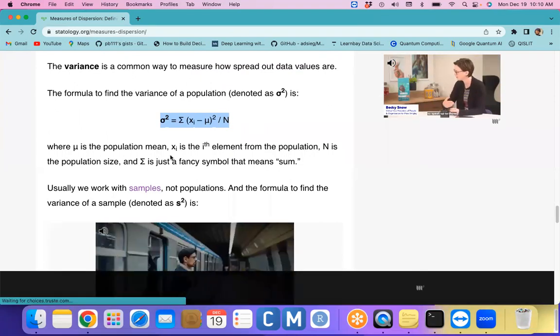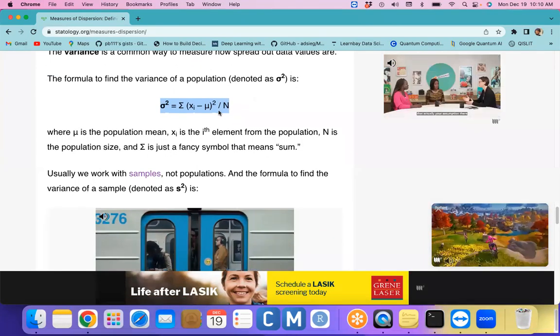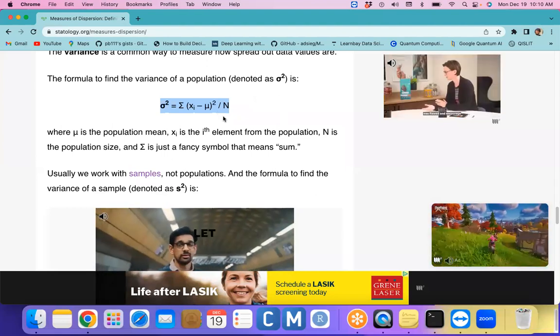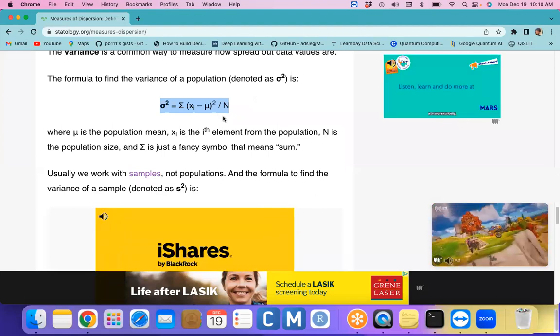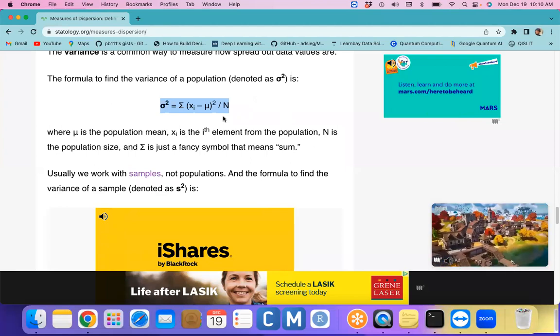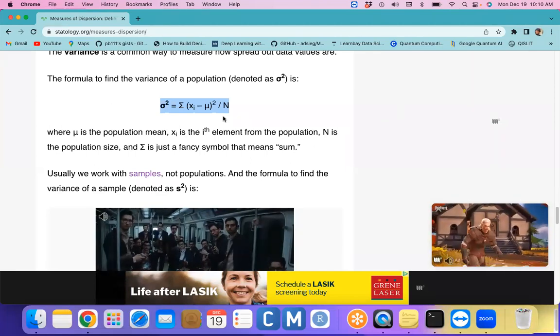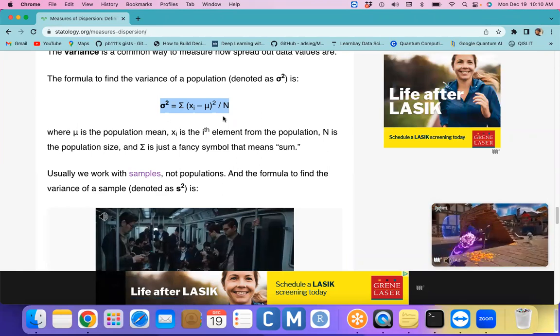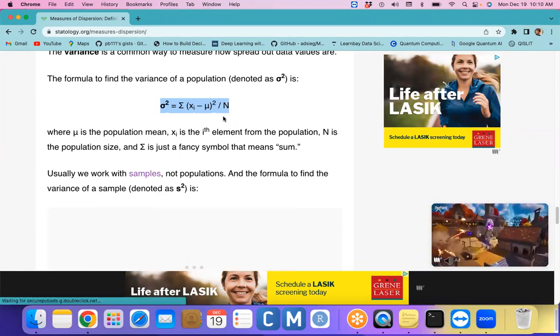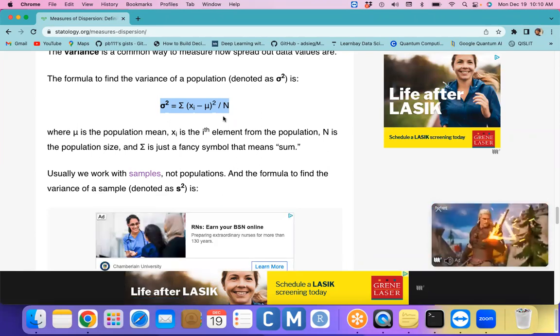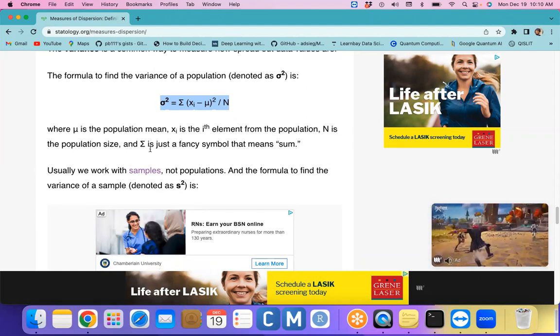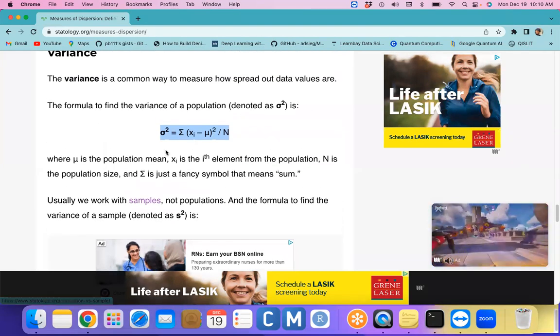We have a var function in Excel, or else we can find the mean value, do the subtraction, then the square, then the sum, and finally divide the sum of values. Okay, so this is the way you can do it.